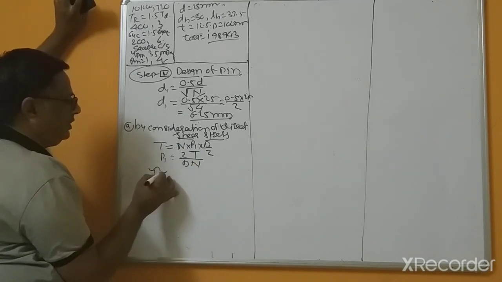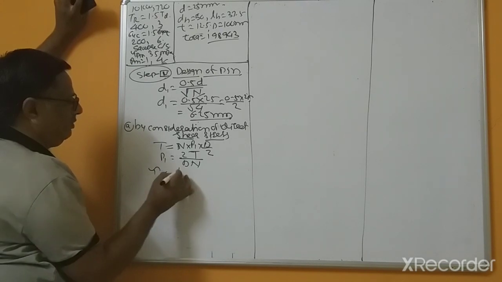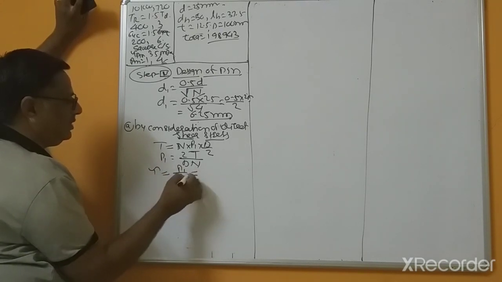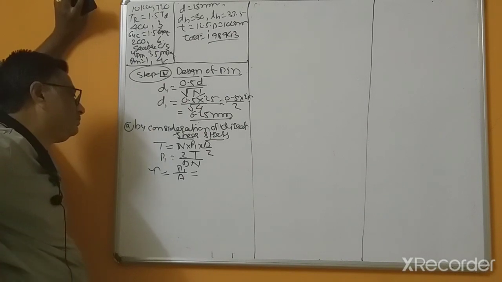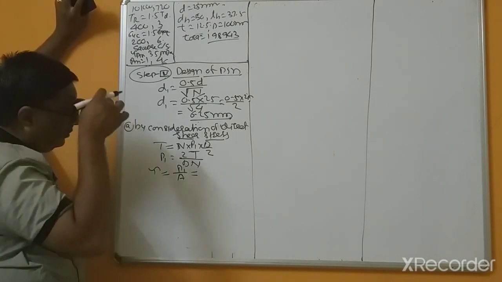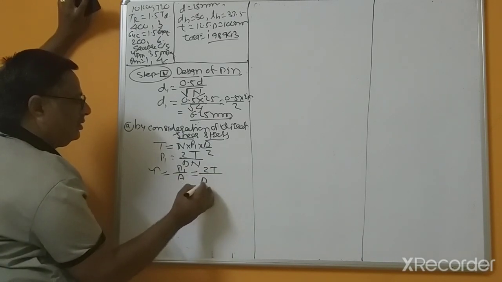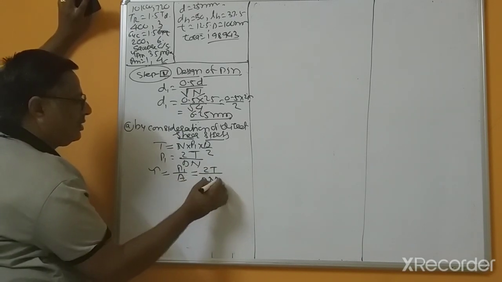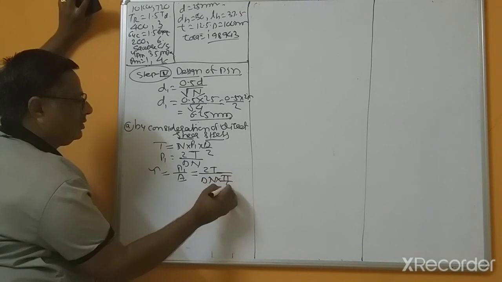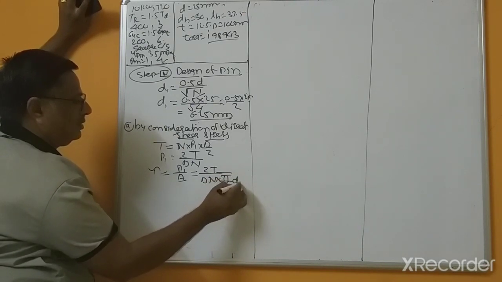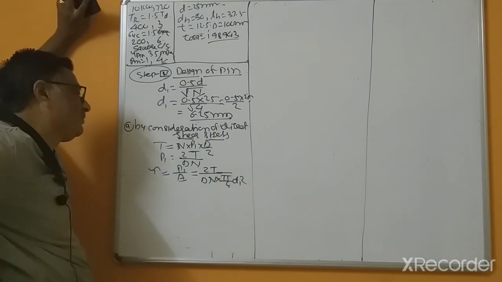And tau equal to P1 divided by area, and this is 2T by dN, area pi by 4 d1 squared.